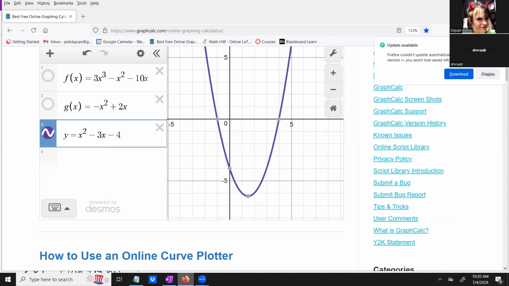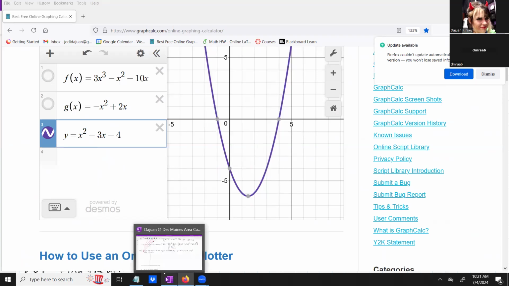Okay. So it looks like we cross at -1 and 4. So we see our function, the area underneath. Can you see my mouse? Yeah. So it's this area here. y equals 0 is our top function.